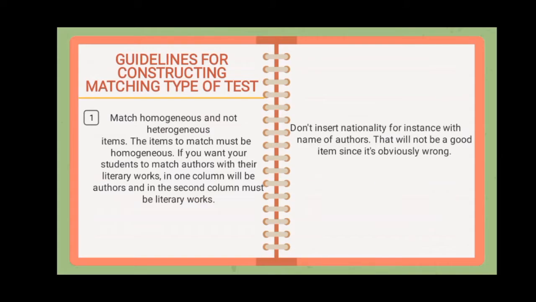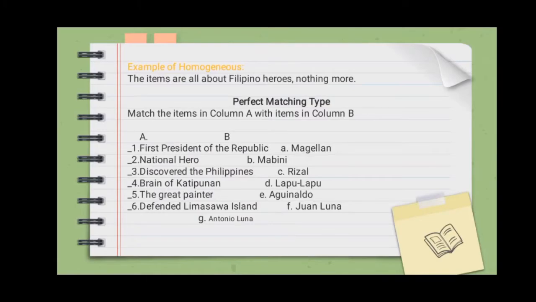Don't insert nationality, for instance, with names of authors. That will not be a good item since it's obviously wrong. So this is an example of homogeneous.